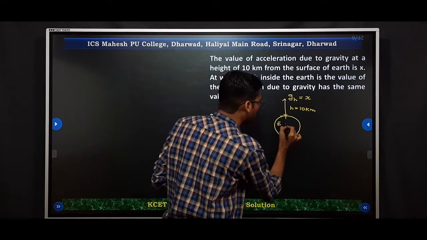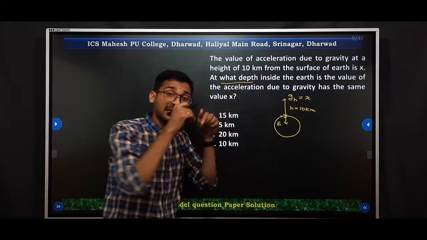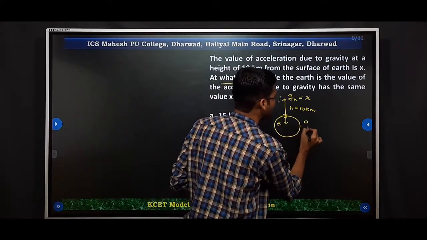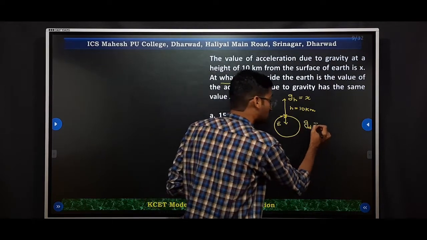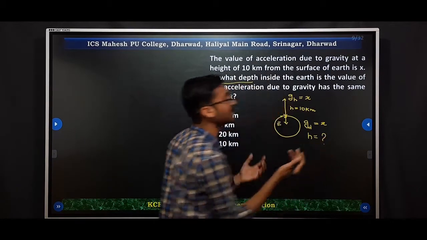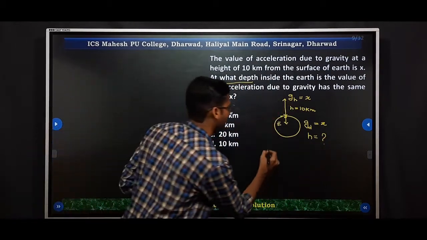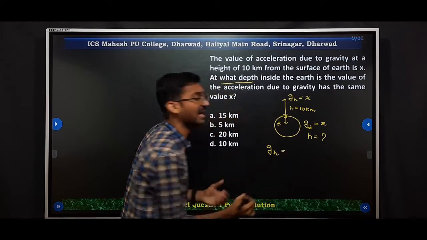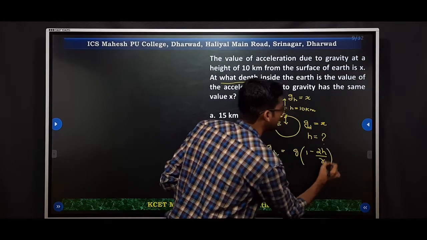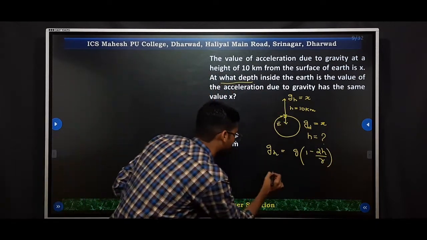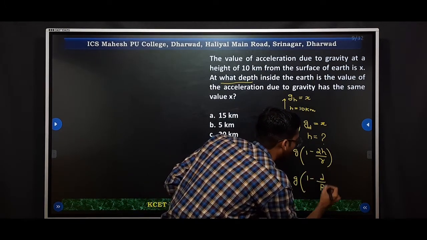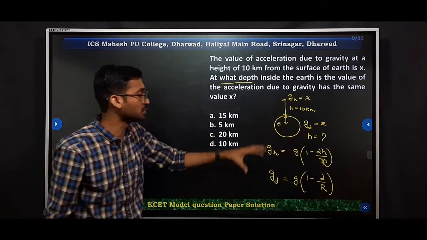Therefore, we need to know some other point here. Generally, at a depth inside the earth we take the acceleration as g subscript d. But at what depth, you don't know that. We need to calculate, that's the question they are asking. We know that at a height, we have g into 1 minus 2h whole divided by R, is the equation. At a depth, g subscript d is given by g into bracket 1 minus d whole divided by R. I'll make it capital R. Therefore, these are the two equations.